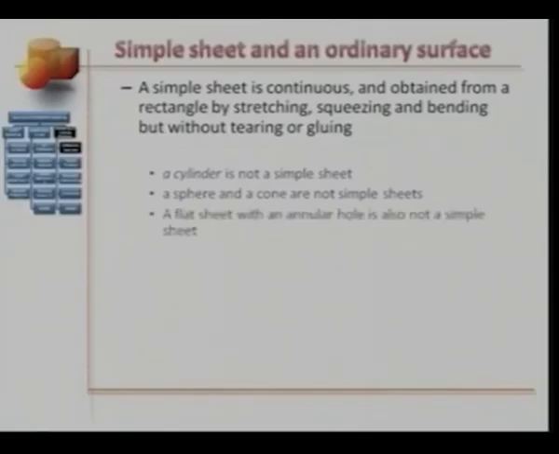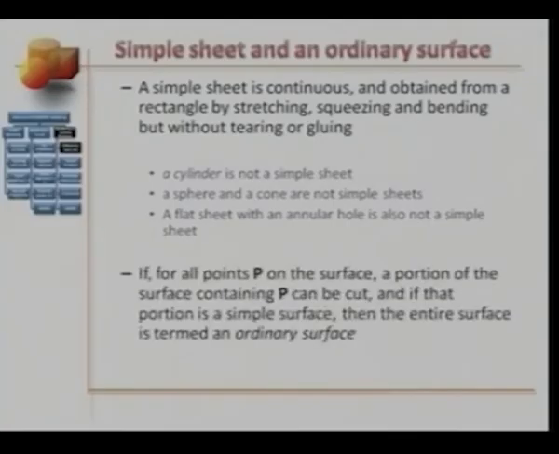A flat sheet with an annular hole is also not a simple sheet. If for all points P on the surface, a portion of the surface containing P can be cut, and if that portion is a simple surface, then the entire surface is termed as an ordinary surface.